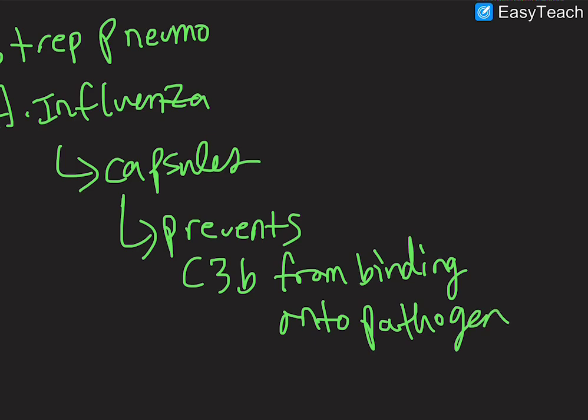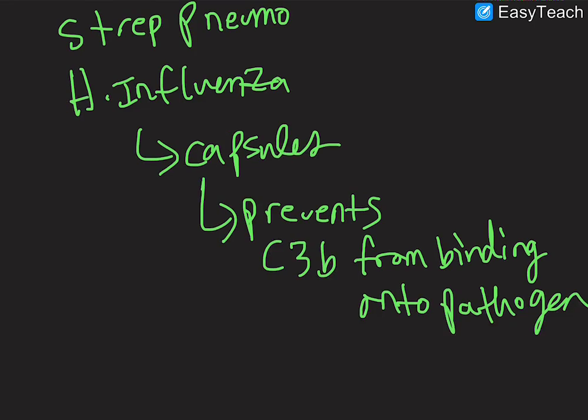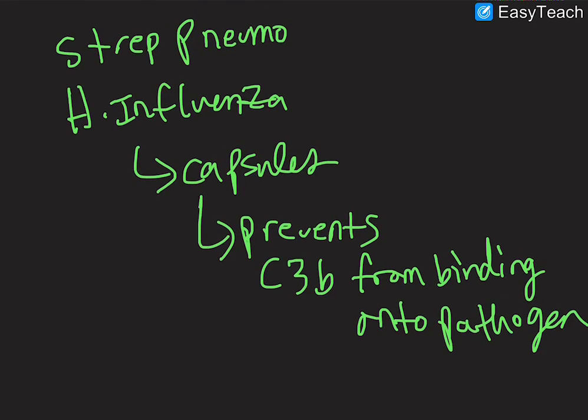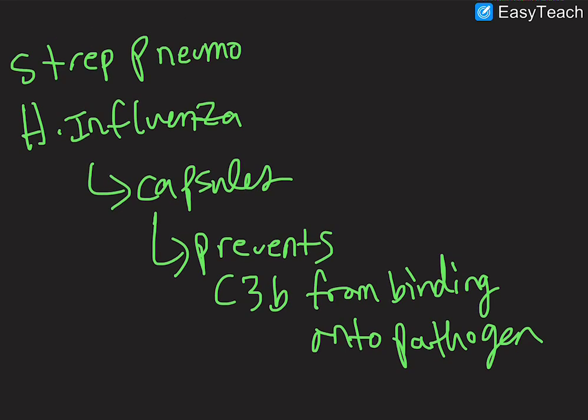And of course, if C3b can't bind to them, then you can't have neutrophils and macrophages phagocytose these pathogens, therefore increasing the count of these bacteria, which will lead to more infection. You won't be able to get rid of strep pneumo and H flu, due to their capsules, because C3b can't bind to them and that prevents phagocytosis by neutrophils and macrophages.